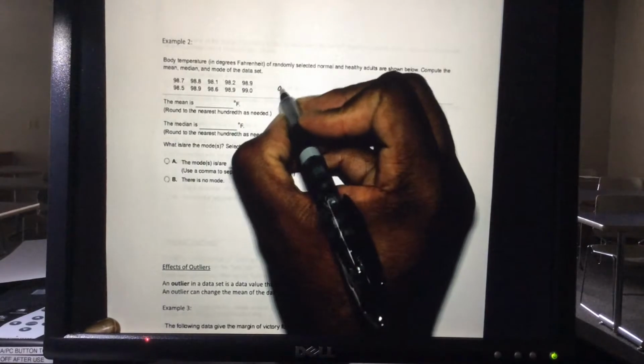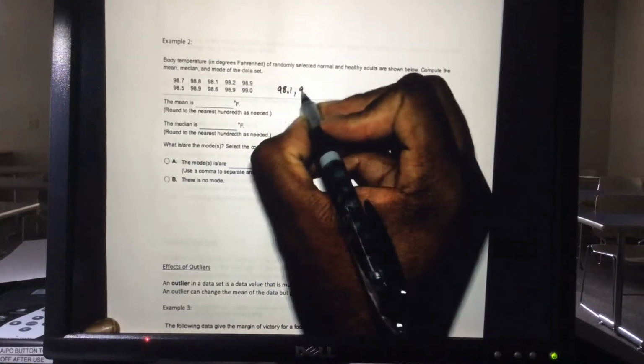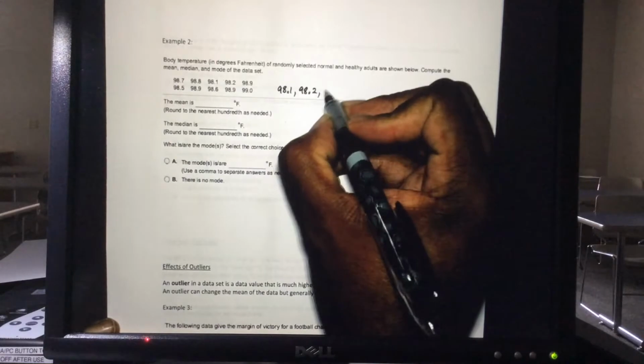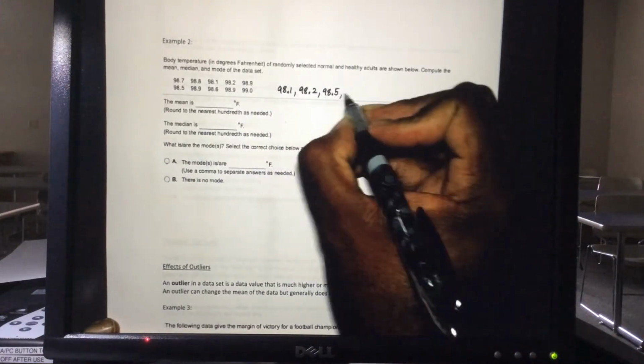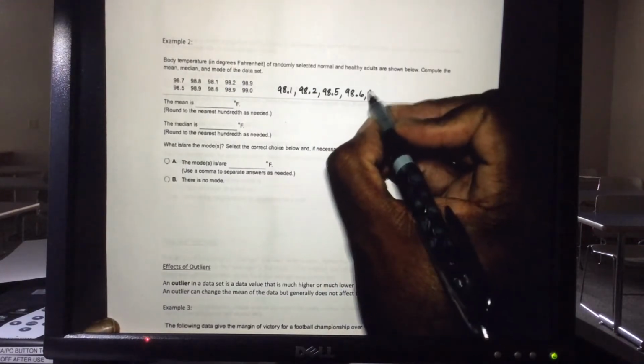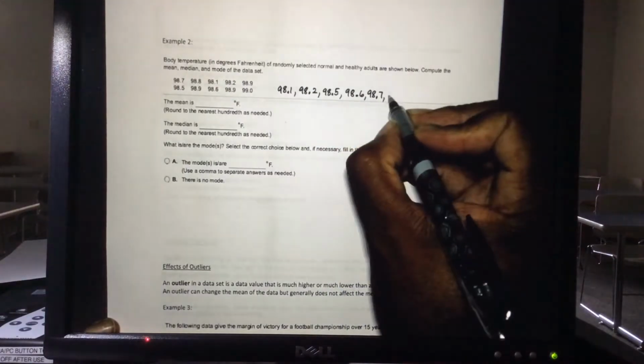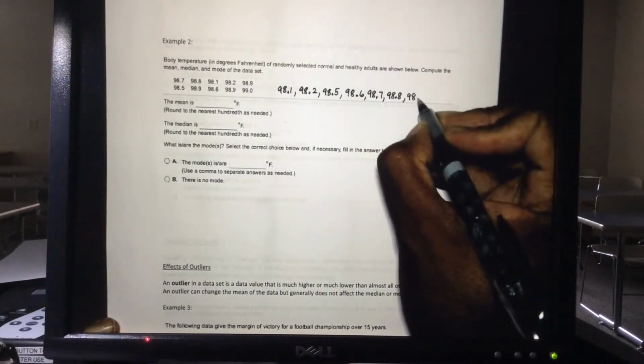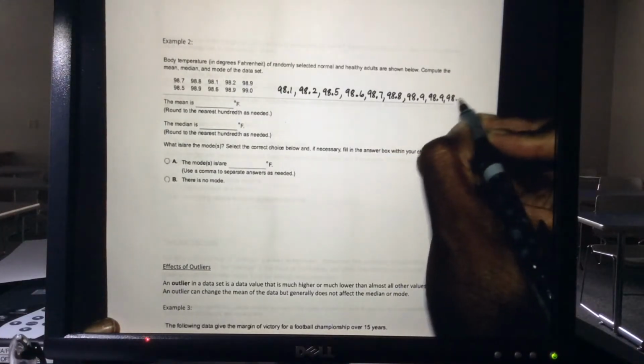So here I'm going to put 98.1 first, 98.2, 98.5, then 98.6, and then 98.7, 98.8, 98.9, 98.9, 98.9, and then finally 99.0. That's the data set in numerical order from least to greatest.